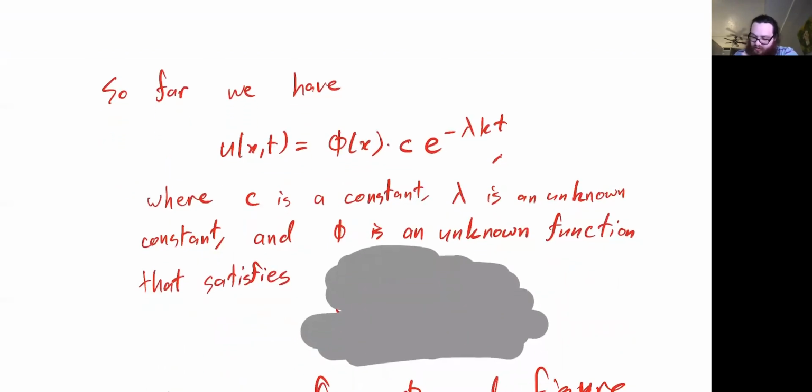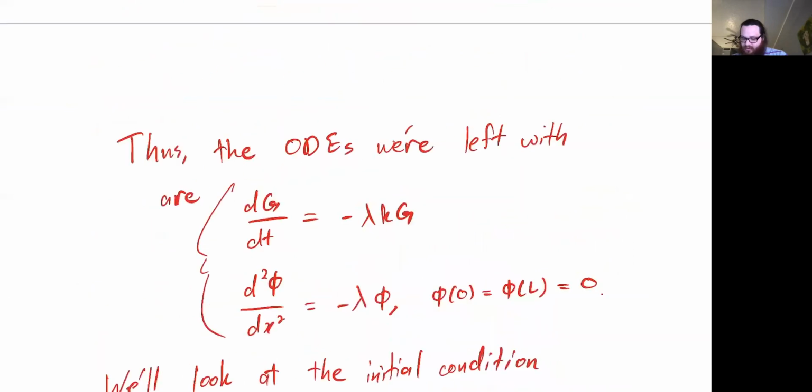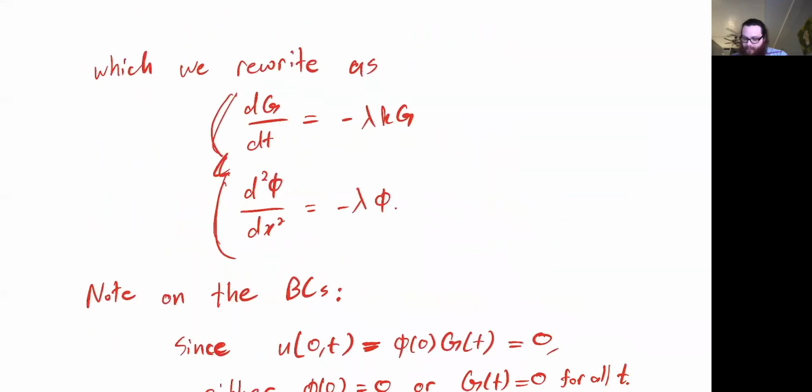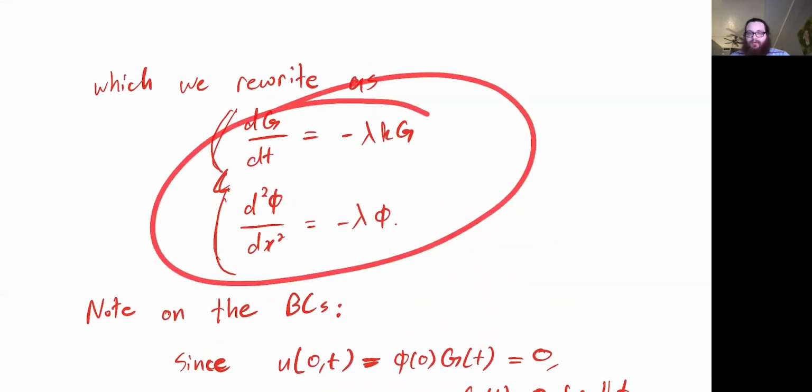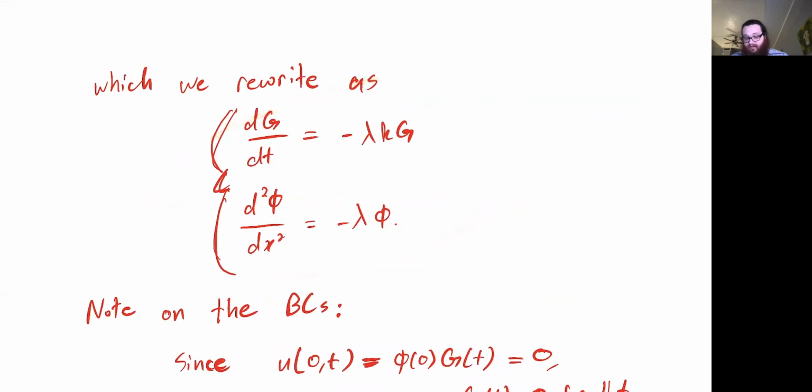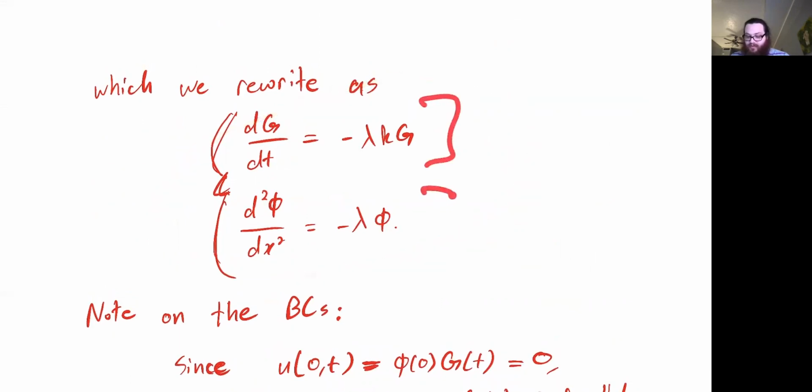One thing to keep in mind is that C is an unknown constant. It'll be fixed by the initial condition. But the other piece that we're working with is this parameter, this constant lambda. If you recall, lambda came in when we equated the left-hand side, or I can scroll back up, lambda played in here and connected these two pieces.